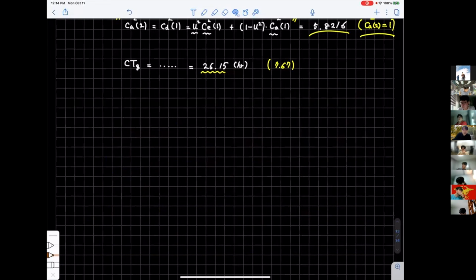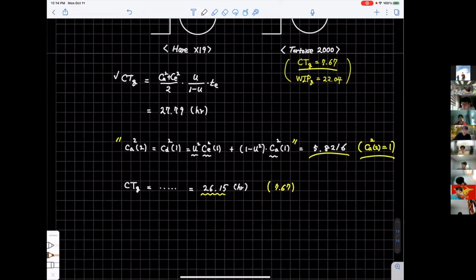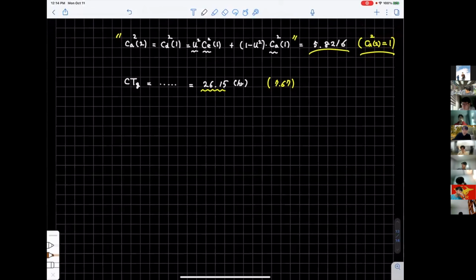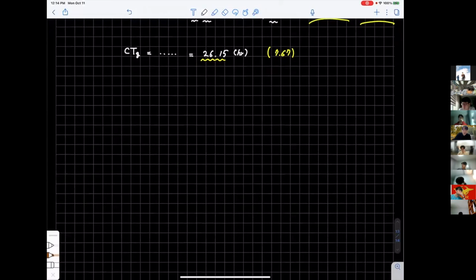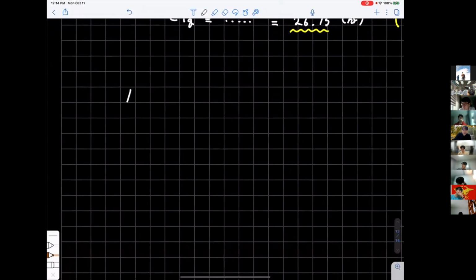Okay, the remaining topic is about parallel machines. Until now, we have treated only single machines. But there is the case of parallel machines.